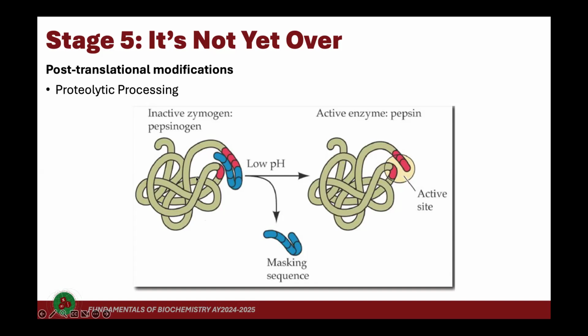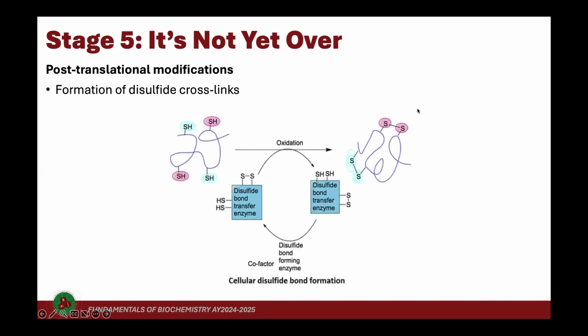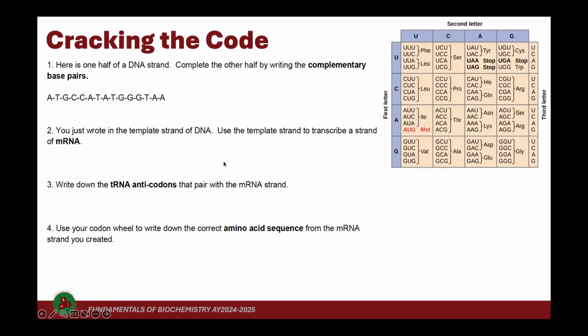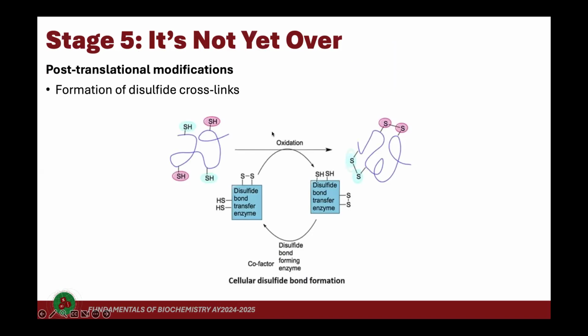It's inactive because its active site is masked. So some protease will remove the mask of the active site, forming the active form of the enzyme, pepsin. This is another type of processing after translation. Of course, if your proteins have disulfide bridges, this happens after translation. Those are the typical or common post-translational modifications that happen to your protein products.